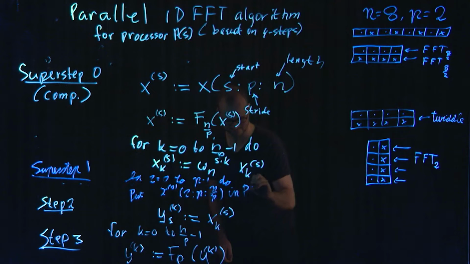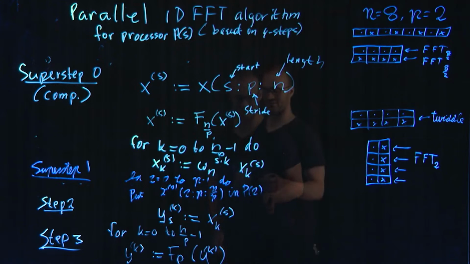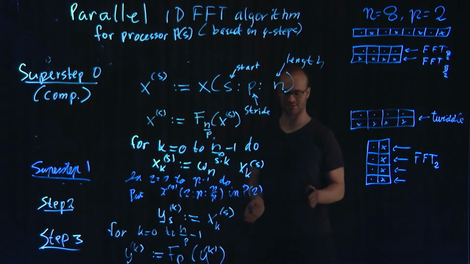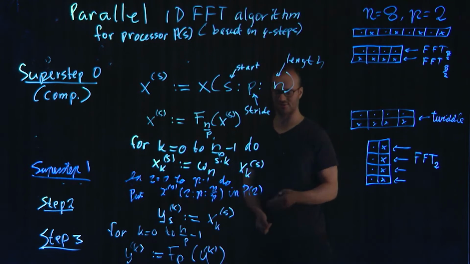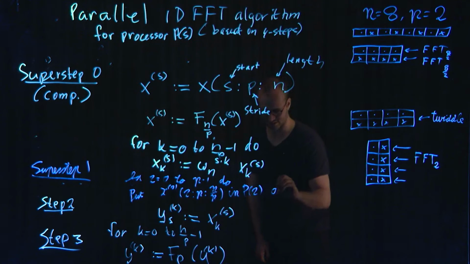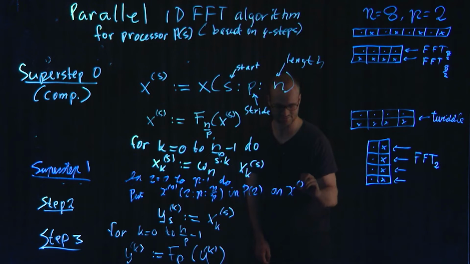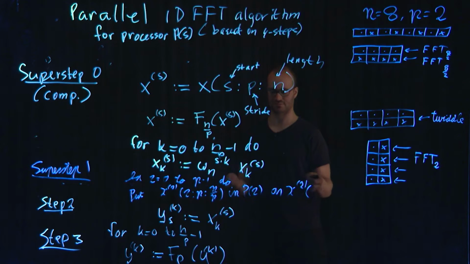So these strided subarrays have length n over p squared because the local part has length n over p and we divide it in p elements. And now what we are going to do is that we are going to squish together this strided subarray and receive it as a contiguous array. So we are going to put this into the receiving processor as XS into the S position.